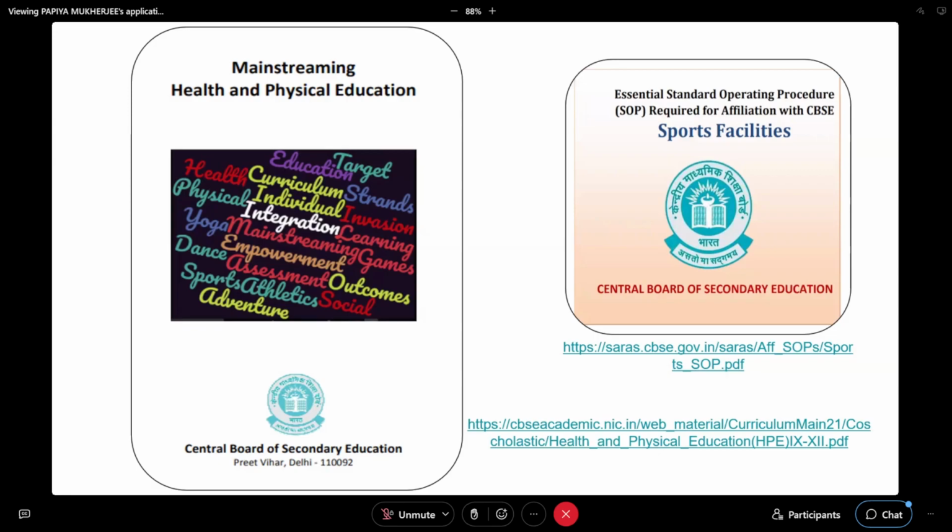Mainstreaming of health and physical education, these are the available document and the standard operating procedure that is required. I have shared that, required for affiliation with CBSE. These documents are available, which can always be checked to see what needs to be done so that we are able to integrate sports into education, sports as a tool.